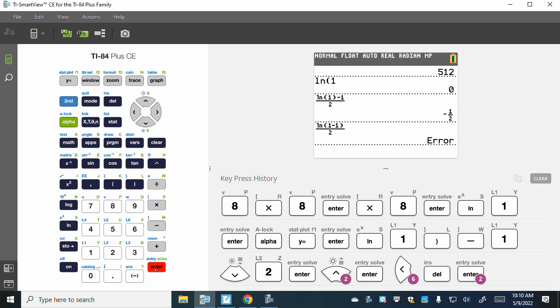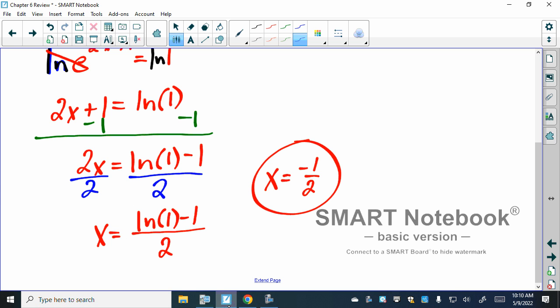Because it's going to put anything after that into the parentheses. Because 1 minus 1 is 0. We can't take the natural log of 0, so it doesn't work. But here the answer is negative 1/2. Any other questions on this one here?